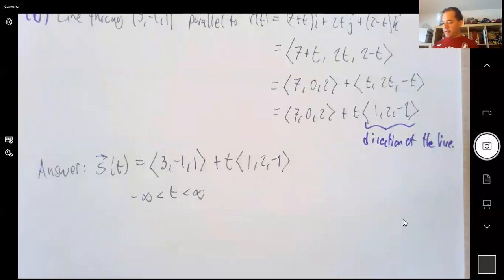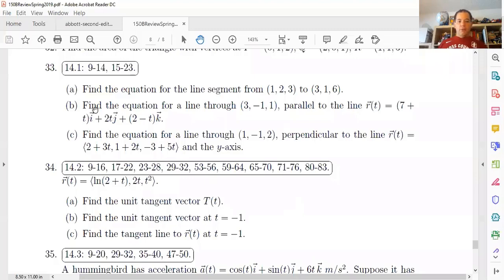All right, now let's take a look at part C. For part C, we want a line through (1, -1, 2), perpendicular to R(t) = (2 + 3t, 1 + 2t, -3 + 5t), and the y-axis.